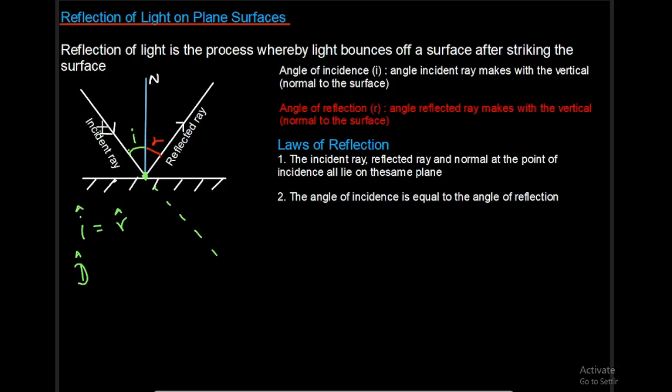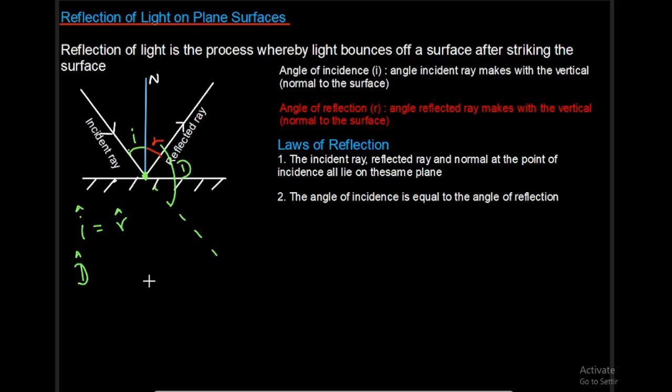It originally would have continued on this path, but then it was reflected through an angle. The angle through which the incident ray is reflected is what we call the angle of deviation.